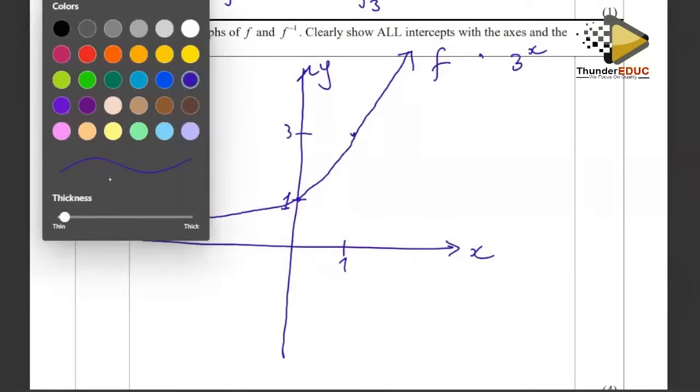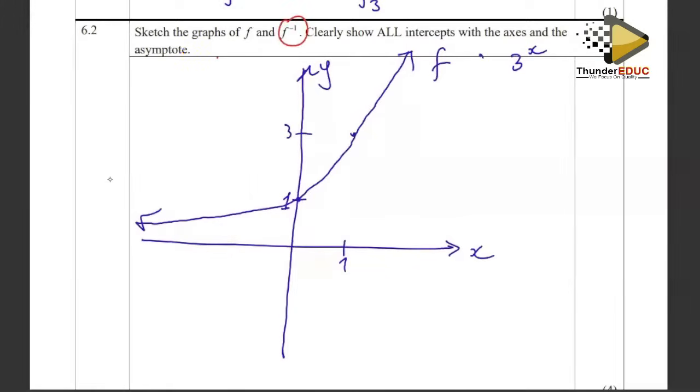And then the inverse, just switch points, 0, 1, 1, 0. 1, 3, it's going to be a 3 and a 1. Okay, 3 and a 1, somewhere there. So meaning that this graph should just move in this sort of direction.